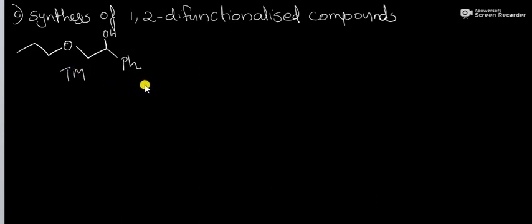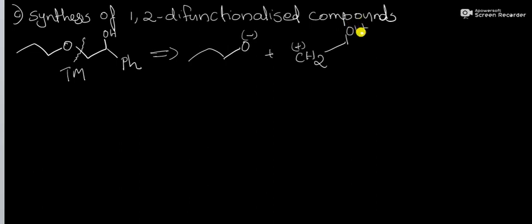Here we disconnect at this oxygen to carbon bond, and we get two synthons: CH3CH2CH2O minus and CH2 plus CH(OH)Ph. These are the synthons.